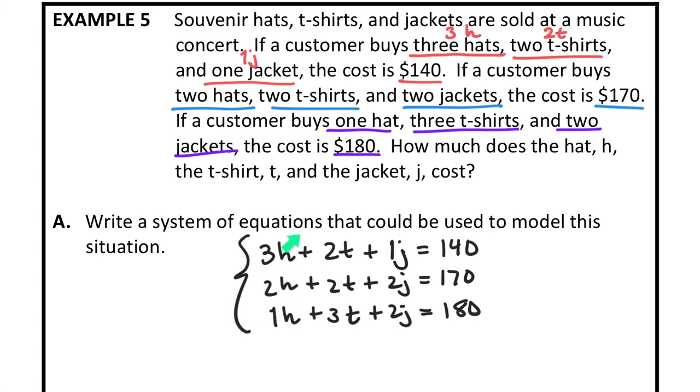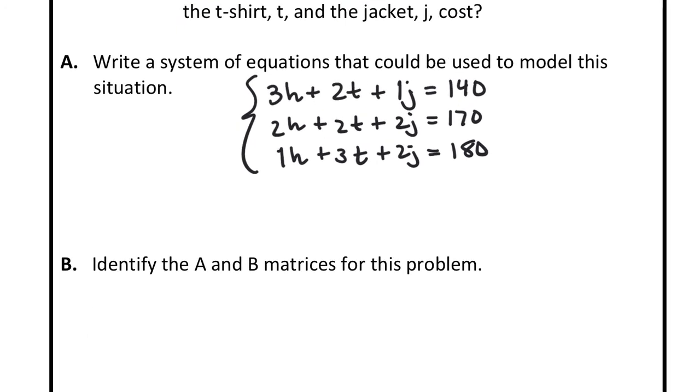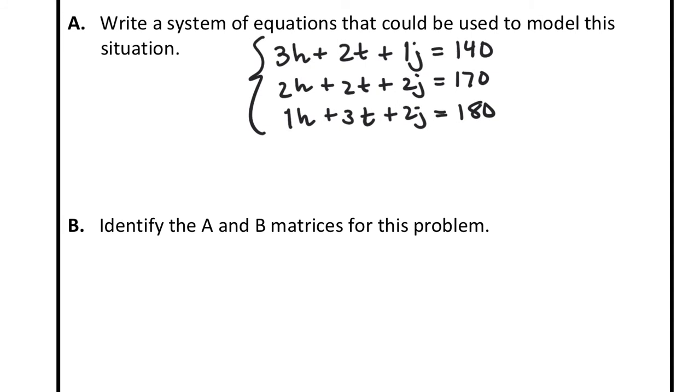So these are my 3 equations, and I have 3 variables. So then we would make an A matrix and a B matrix. So my A matrix is going to be a 3 by 3. And so I'm just going to copy the numbers in front of the letters, right?